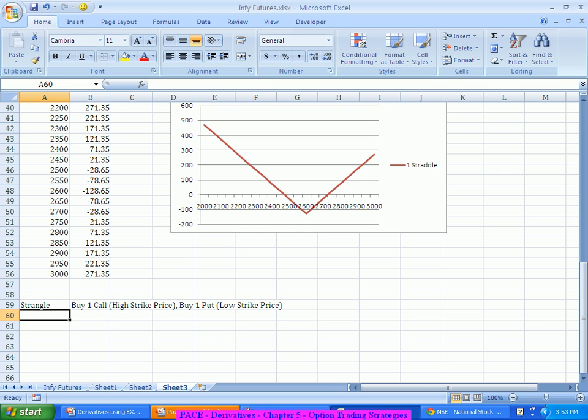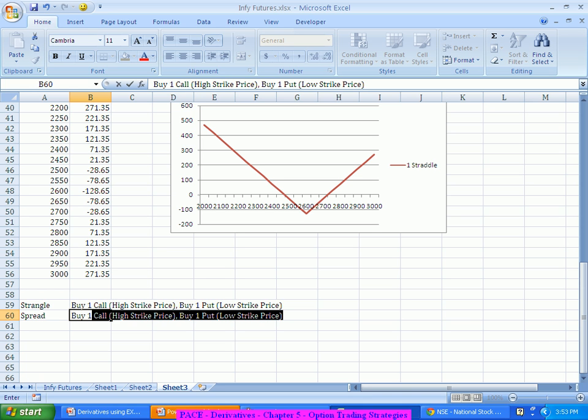Or there is one more common strategy, the spread strategies, where I say buy one call, high strike price, sell one call, low strike price. You can have anything.